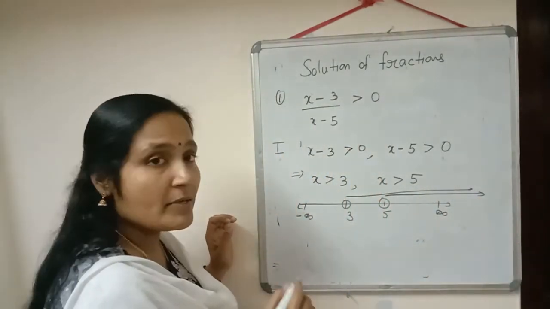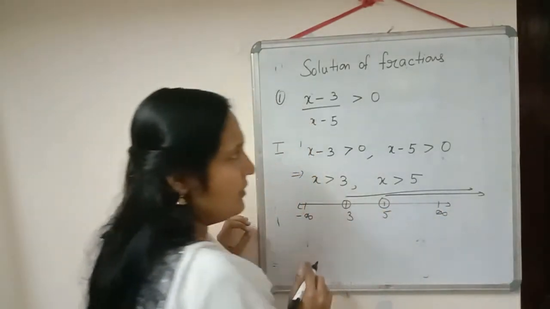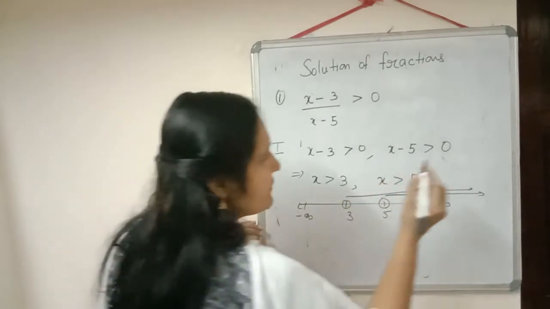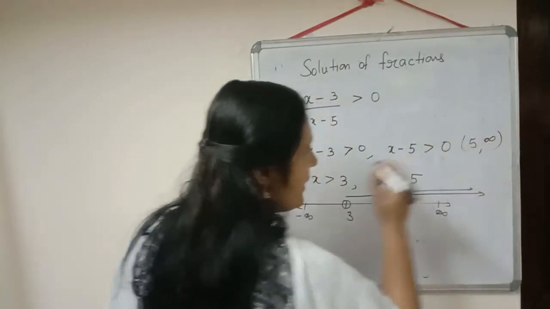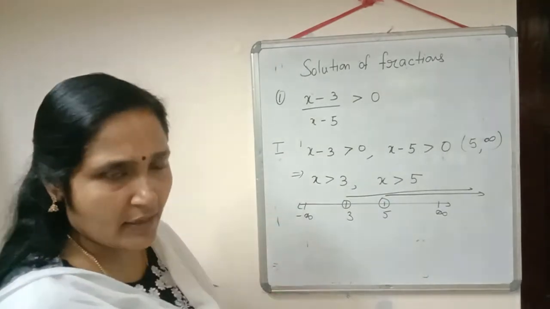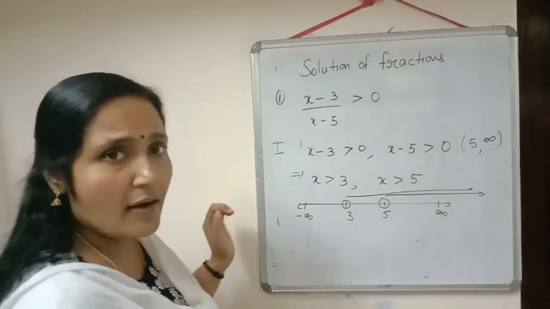What is the common solution region? Yes, 5 to infinity. So in the first case, the solution region is 5 to infinity, when we solved by taking the rational number positive.